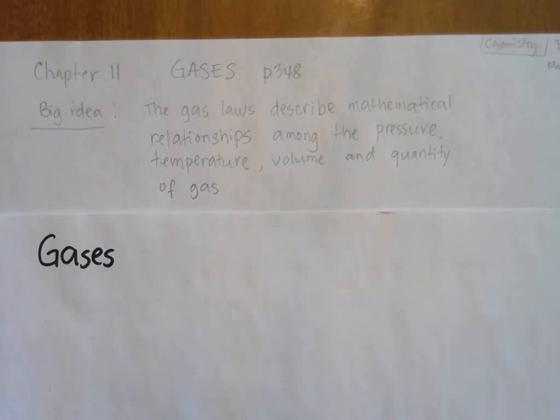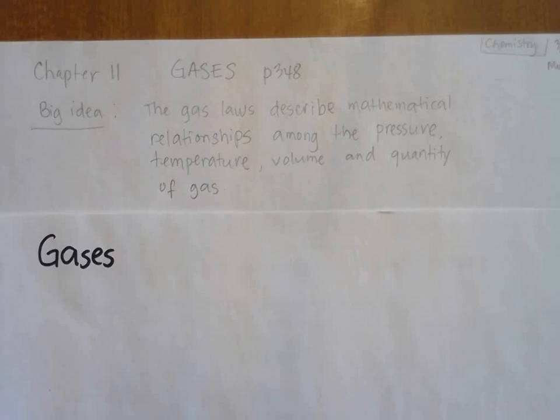For our mathematical calculations in this chapter, we're going to need to convert temperature from degrees Celsius to Kelvin. If you have a problem which gives you degrees Fahrenheit as the temperature unit, you also need to convert that into Kelvin. Another quantity that is involved is the volume.